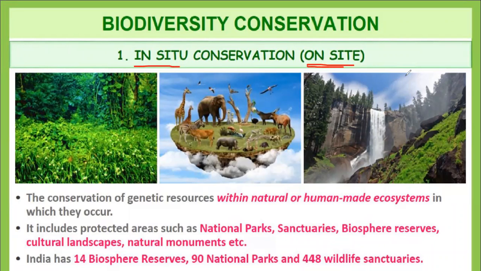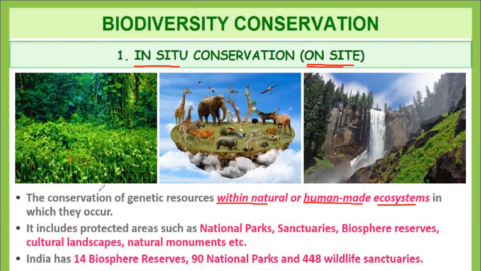or the on-site conservation. The conservation of genetic resources within the natural or human-made ecosystem in which they occur. For example, a tiger, a snake, all these things inside the zoo. If you are visiting a zoological park, the zoological park is actually a type of ex-situ conservation, but inside the zoological park from one area you would observe this in-situ conservation.